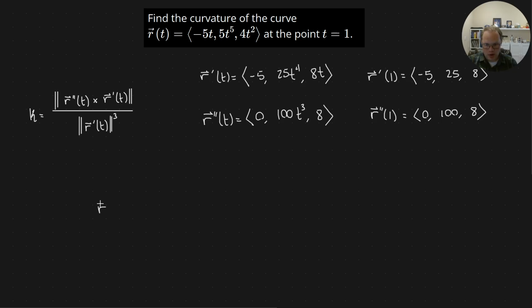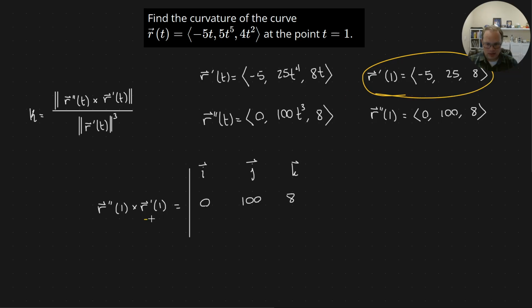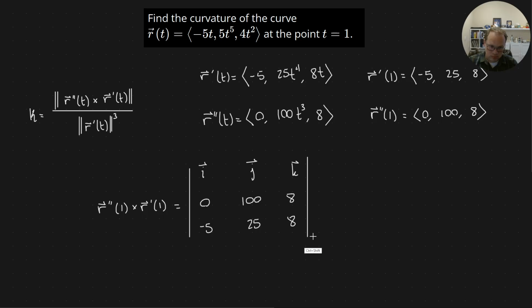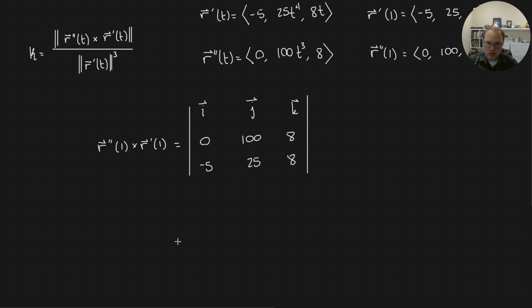So let's take the cross product of those. R double prime of 1 cross r prime of 1. So first row ijk. Second row is the first vector, 0, 100, 8. And third, r prime, -5, 25, 8. Okay, so I get 800 minus 200, that's 600i.